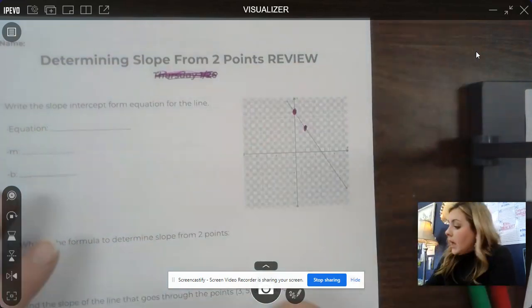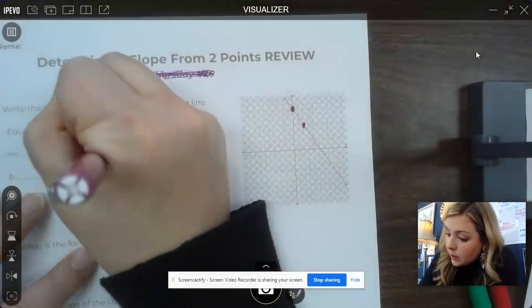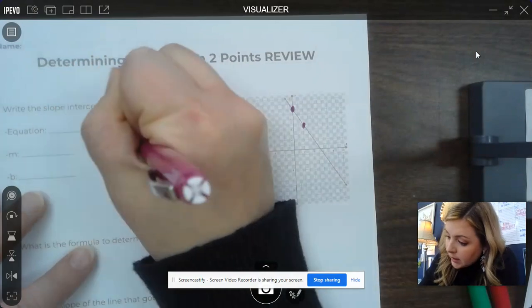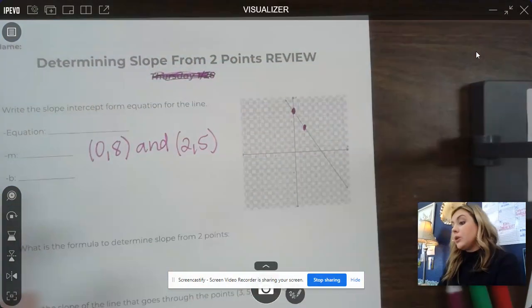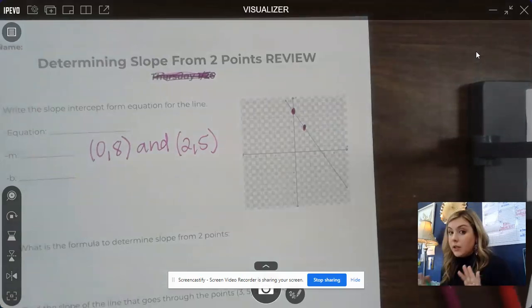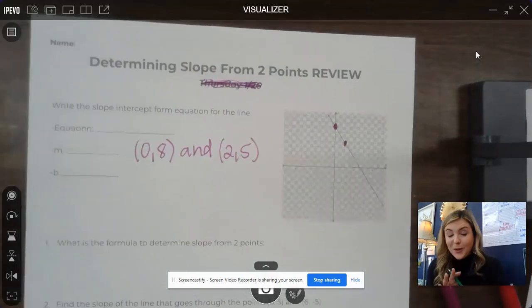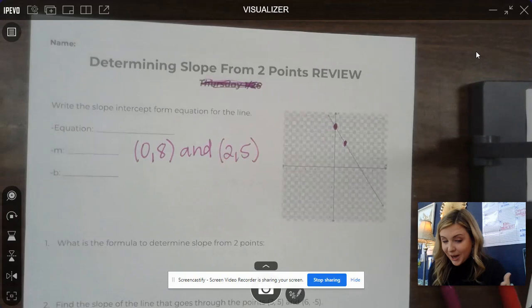So the two coordinates I have are 0, 8 and 2, 5. And I told you that on the first paper, obviously you should have paused and written that already. So go back right now, rewind and write it if you need to. Our first step before we do anything is to label those points.